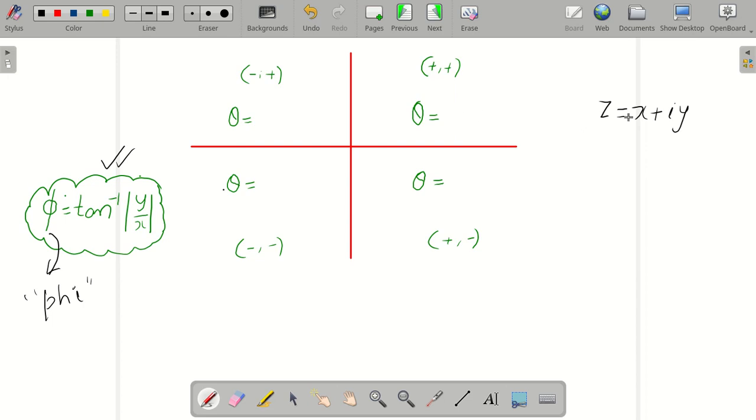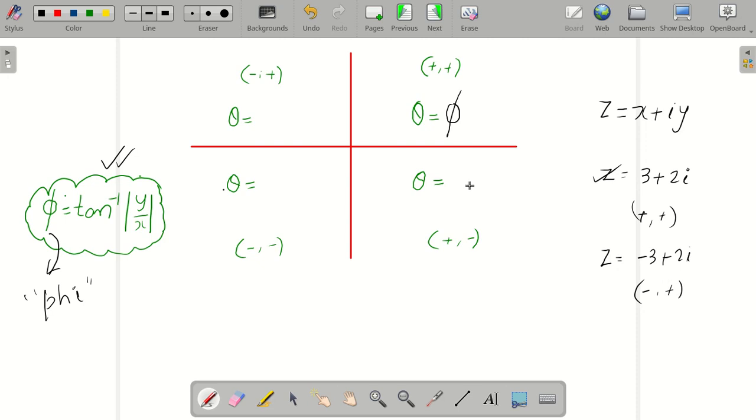If your complex number is something like 3 plus 2i, 3 is positive, 2 is positive, so basically this complex number lies in the first quadrant, and in the first quadrant theta will be equal to phi. Now imagine your complex number is something like minus 3 plus 2i, and that means you're going to have a negative and a positive.